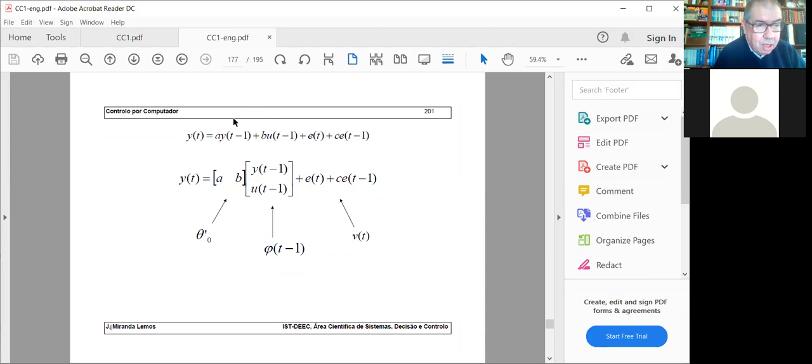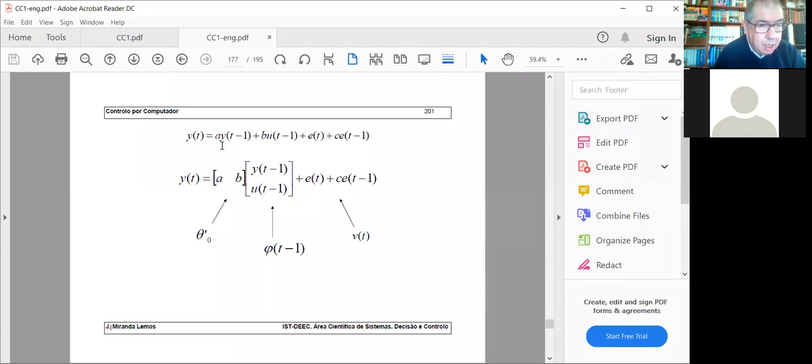And now, this is a little bit more subtle. You have the expectation of u of t times y of t minus 1. But y of t minus 1, if you go on using this model more and more, you express everything in u of t minus 1, u of t minus 2, u of t minus 3, and so on.